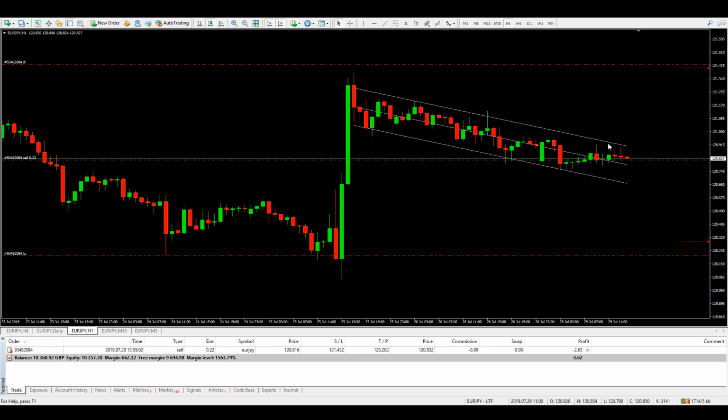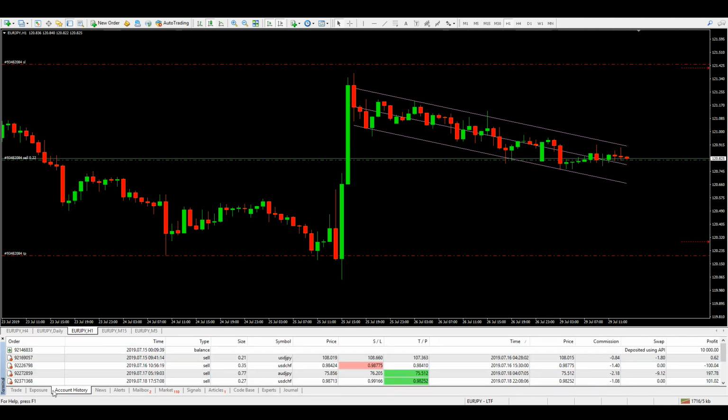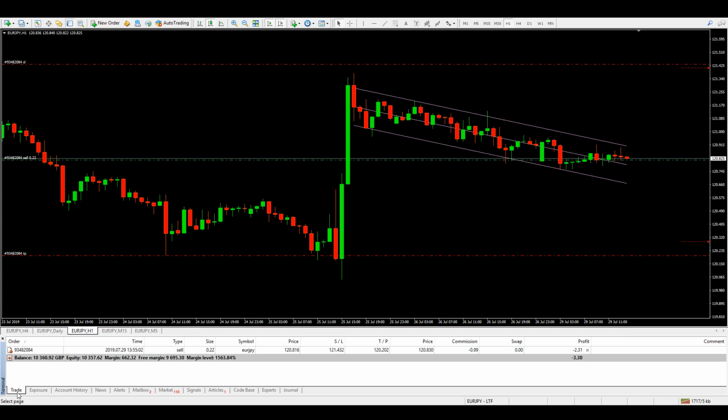If I'd had a tighter stop, yes, the price would need to move less of a distance to hit my take profit, but it would mean also that I haven't got as much leeway in terms of the price potentially going against me.